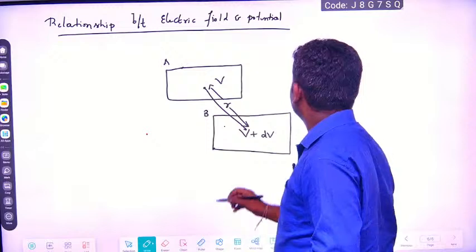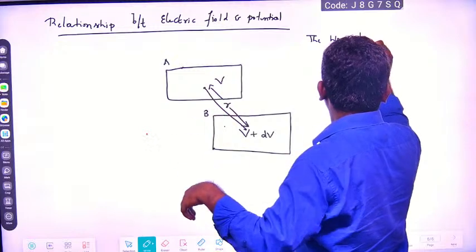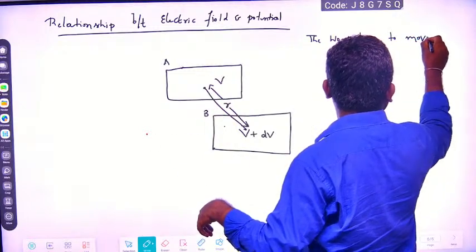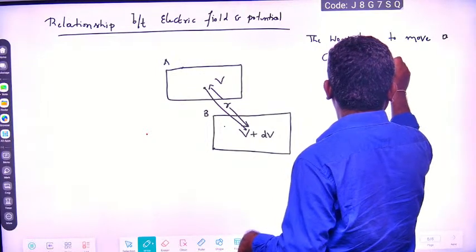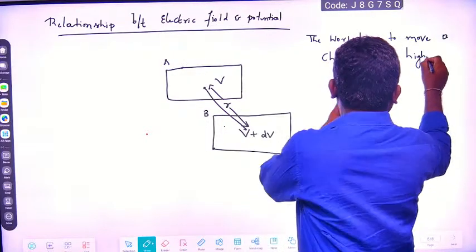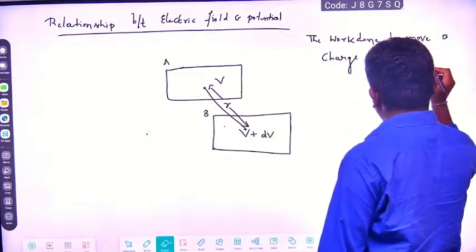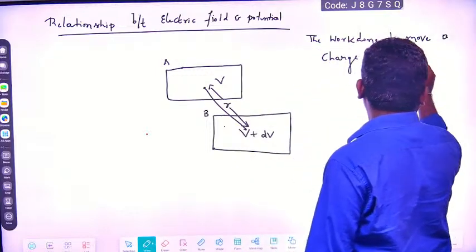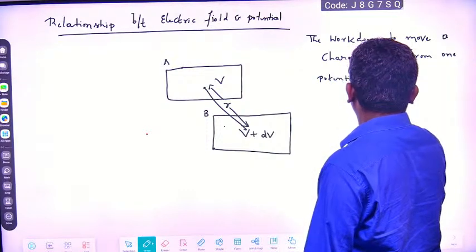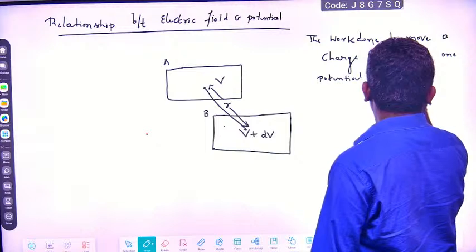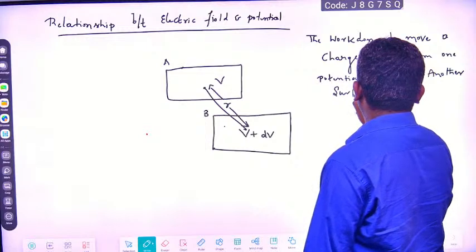So the work done to move a charge from one potential surface to another surface is how much?